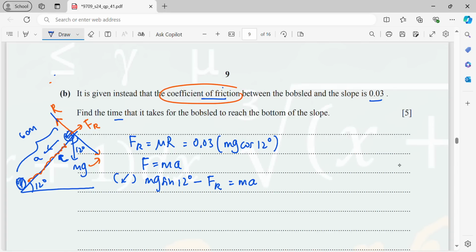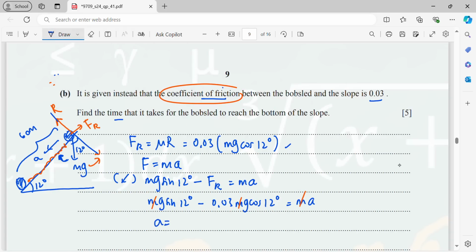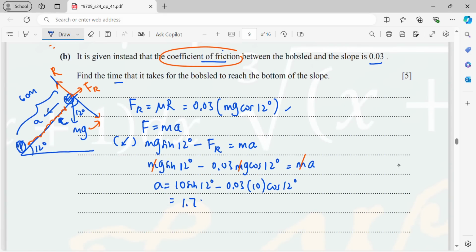Now you replace the Fr by this, so I get mg sine 12 degrees minus 0.03 mg cos 12 degrees equals ma. From here you need to get the a. G is replaced by 10, so my a is 10 sine 12 degrees minus 0.03 times 10 cos 12 degrees. Therefore, you will get 1.7857 meters per second squared.